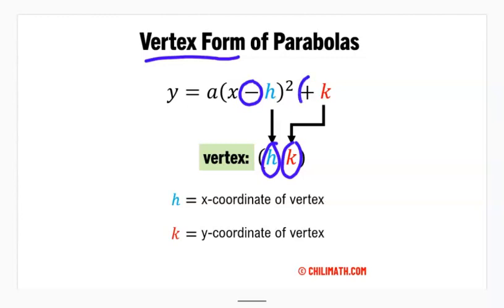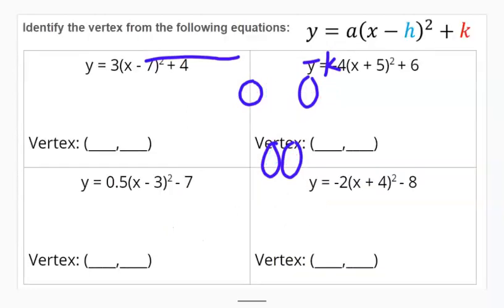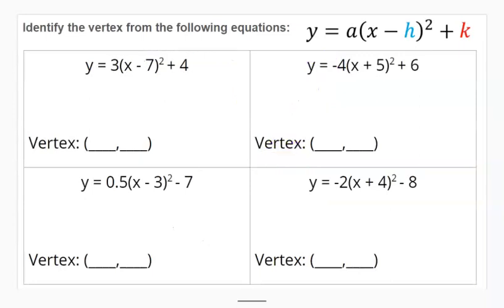And when this is a plus sign, k is positive. If it's a minus k, it would become a negative k. So we're going to talk about this a little bit more because these positives and negatives can get us a little bit confused.